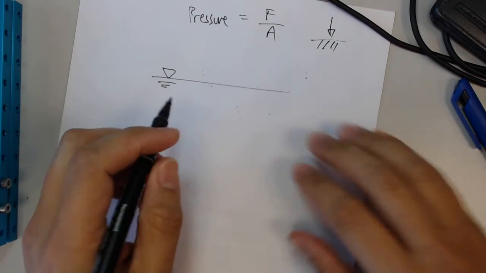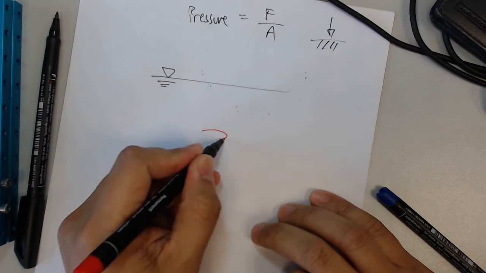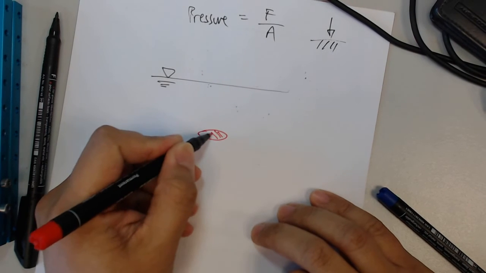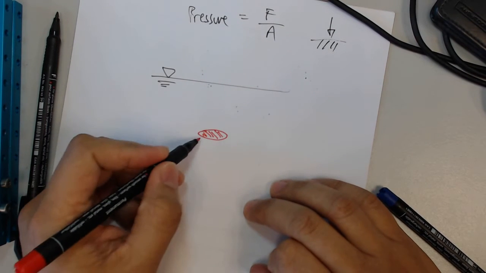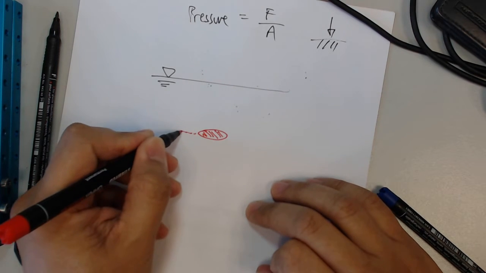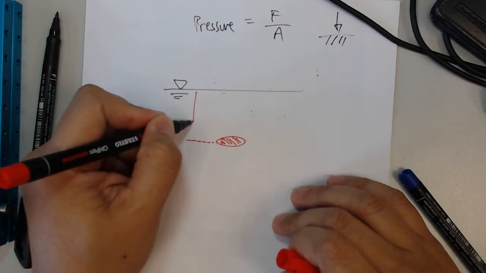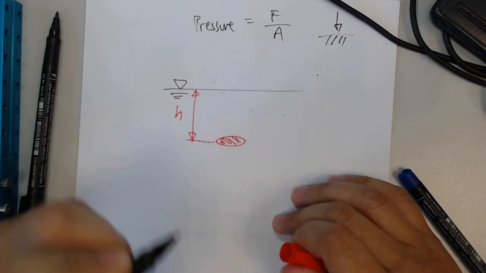Okay, and I have a certain area. Just imagine there's this disc that is submerged under the liquid surface, at a depth of h.